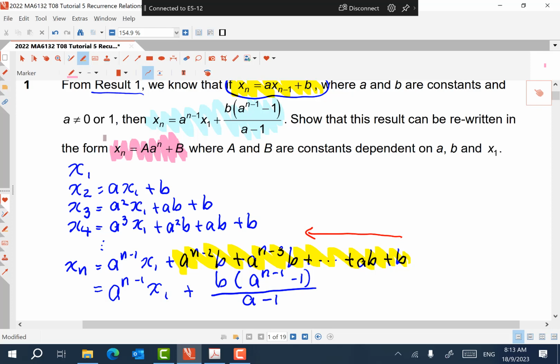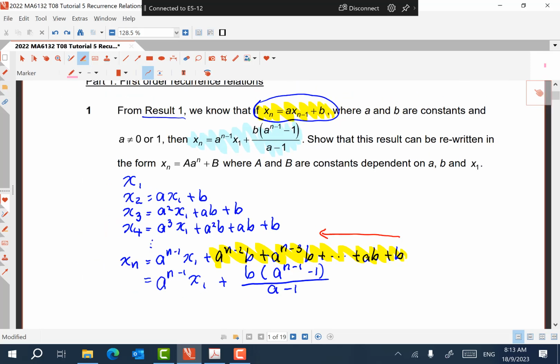From here, we are going to establish the belief. Remember, in solving the recurrence relation of this nature, for the 2 lessons, I tried to sell you the notion that you need to believe the solution is such and such.